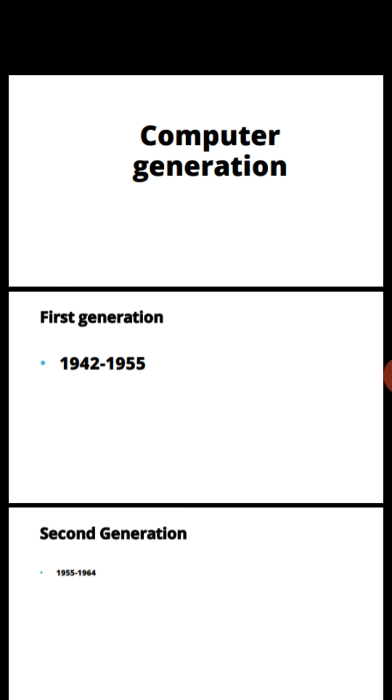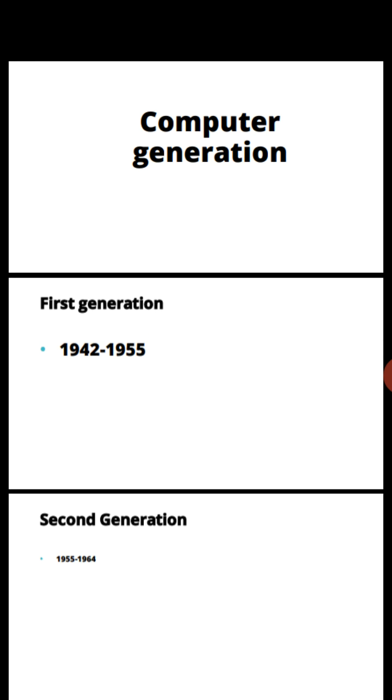The computers of the first generation were manufactured using vacuum tubes as the electronic switching device. A vacuum tube was a fragile glass device. It was the only high speed electronic switching device available in those days.